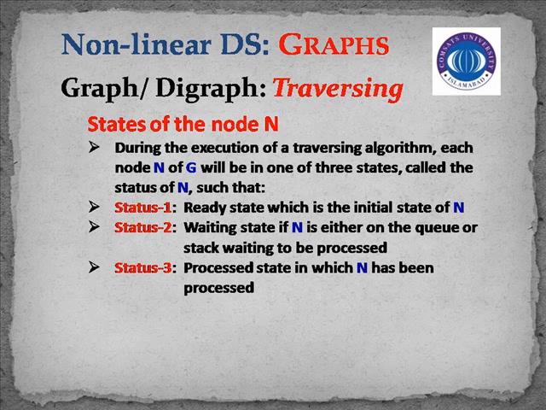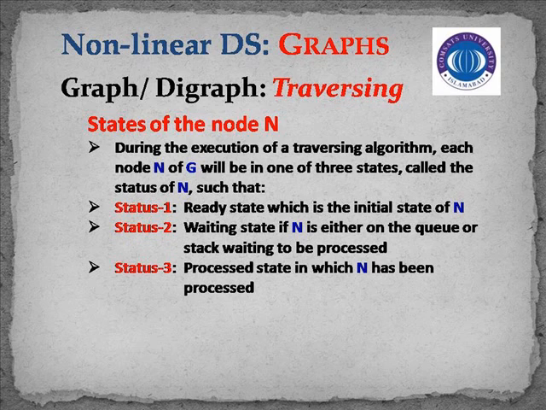Dear students, during the execution of a traversing algorithm, each node n of the graph G will be in one of three states, called the status of the node n, such that status 1 indicates the ready state, which is the initial state of the node n.